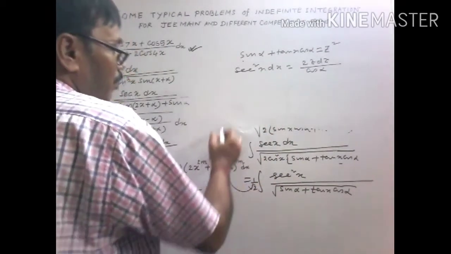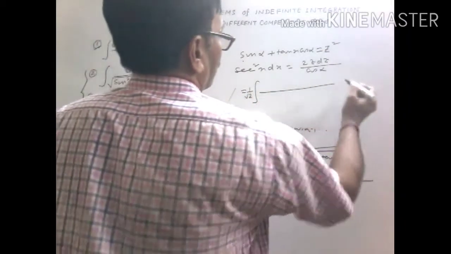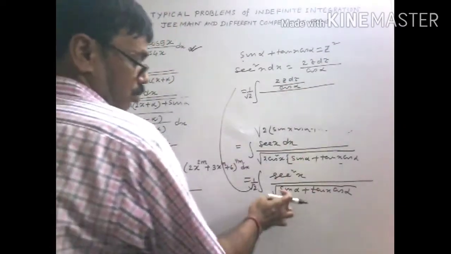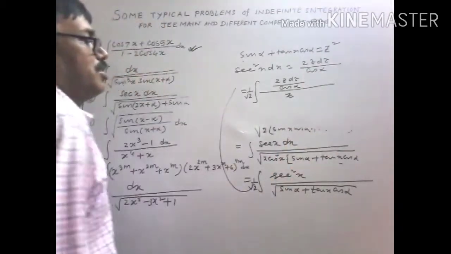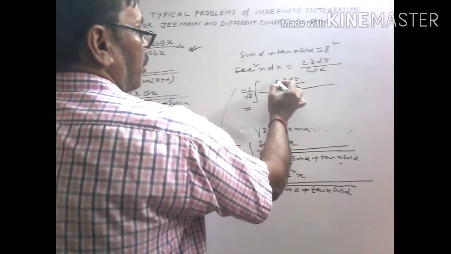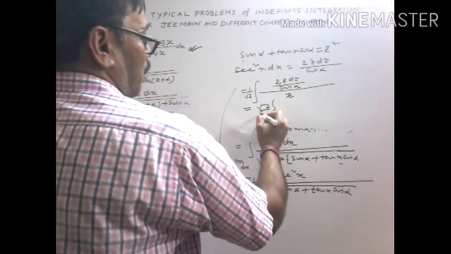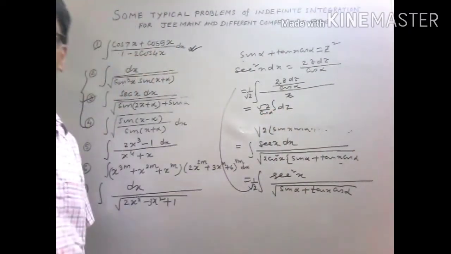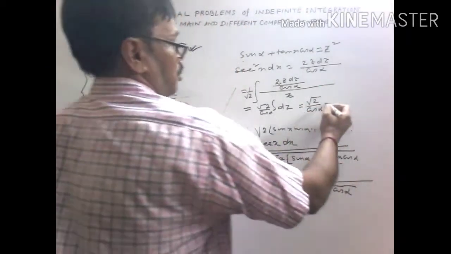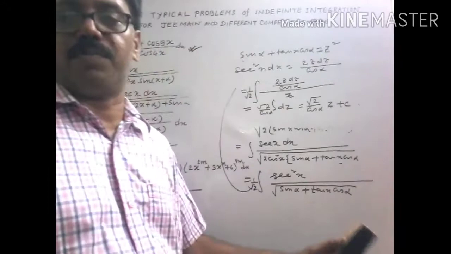Then we get 1 by root 2 outside, sec square x dx as 2z dz by cos alpha, and the root of z square is z. So finally we get 2z dz, this 2 and 1 by root 2, so root 2 by cos alpha dz. Now it is in standard form, so root 2 by cos alpha into z plus c. Putting the value of z, we get the answer, that is the primitive.